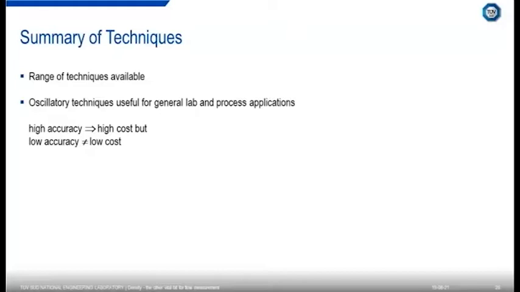But when thinking about what techniques to use for a particular application, remember that whilst a requirement for high accuracy or low uncertainty will generally imply high cost, just because you can tolerate a higher uncertainty or lower accuracy doesn't necessarily mean that you will be able to use a low-cost technique.